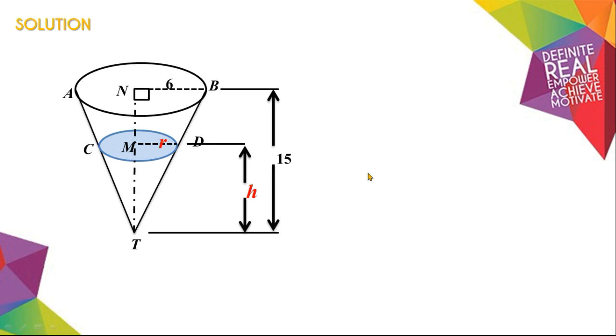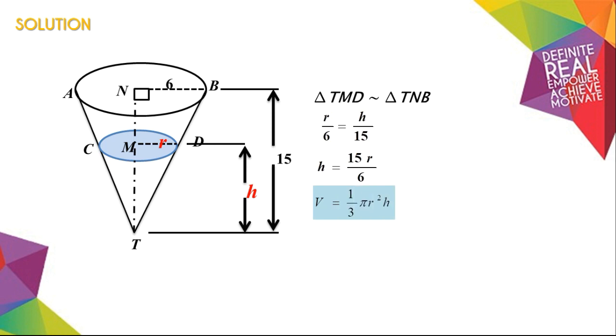They are similar, so the ratios of the corresponding sides are equal. So we can say that r/6 equals h/15, so h equals 15r/6.